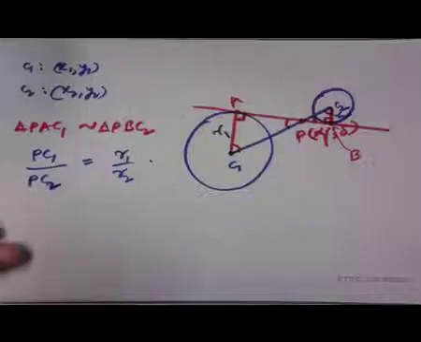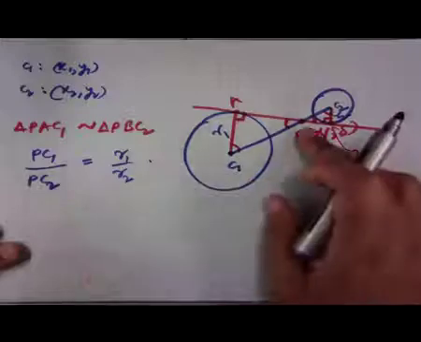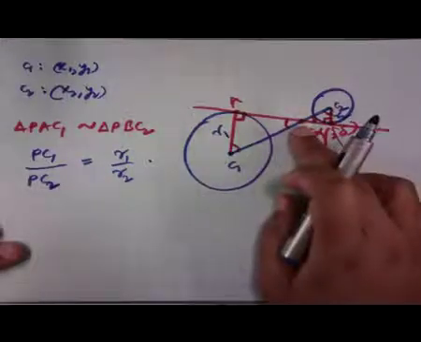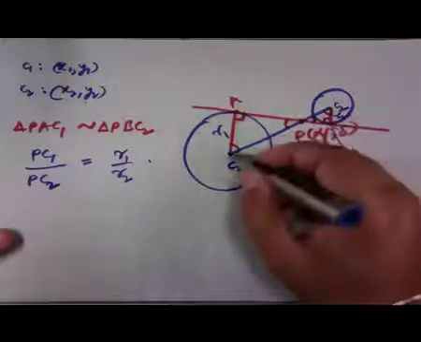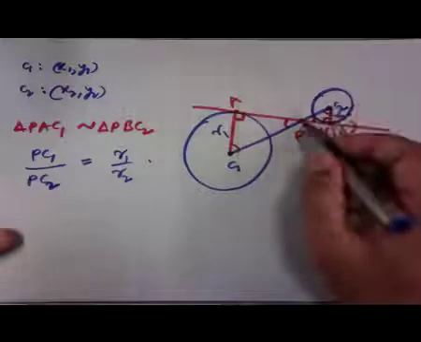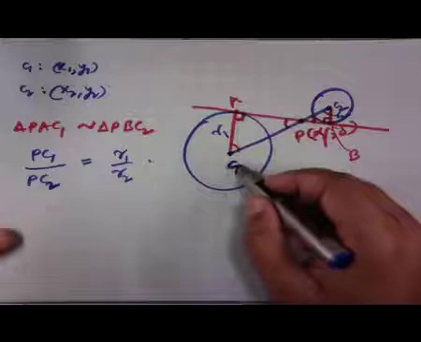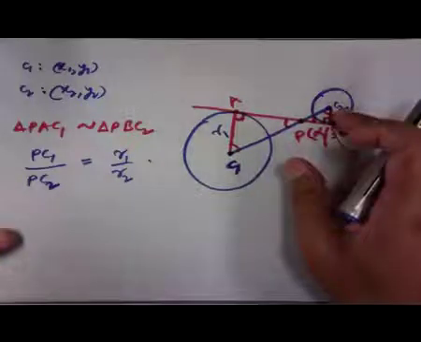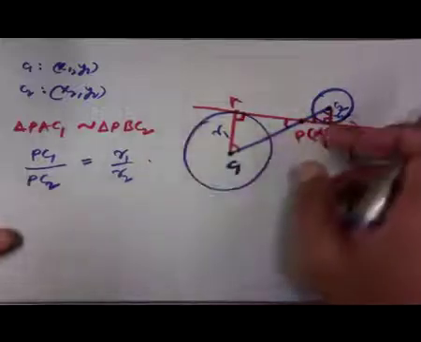And given this fact, what it means basically is that the point of intersection of the common tangent with the line joining the centers of the two circles divides the line joining the two centers in the ratio of the radii of the circles.